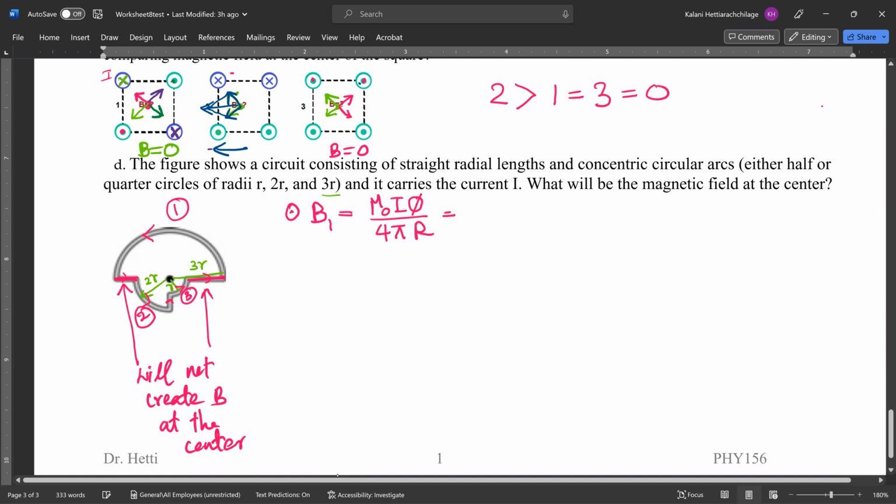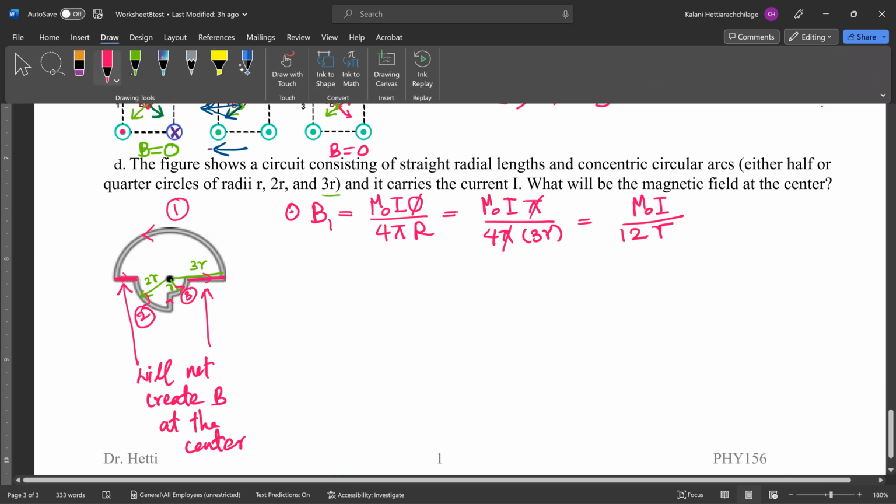That's the common formula. Mu naught I over pi, you see that it is half a circle. Now it is pi, right? And divide by 4 pi, and the radius is now 3r. So let me simplify this. This will be equal to mu naught I divided by 12 r, right?